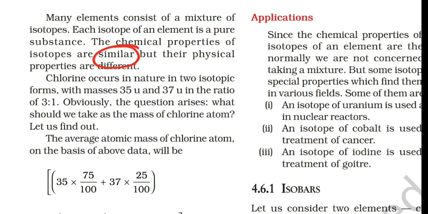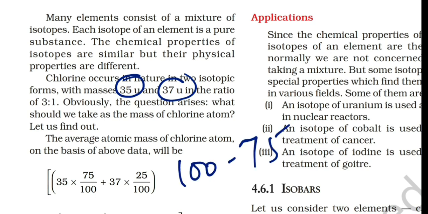Now here the most important point: chemical properties of isotopes are similar but the physical properties of isotopes are different. For example, chlorine occurs in nature in 2 isotopic forms with masses 35 u and 37 u, in the ratio of 3:1, meaning out of 100, 75 and another one is 25. So it is known as the 3:1.